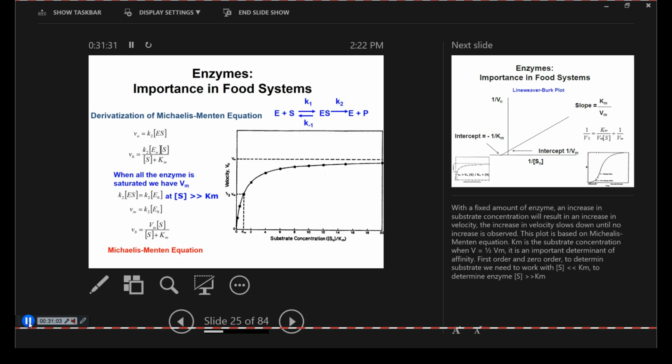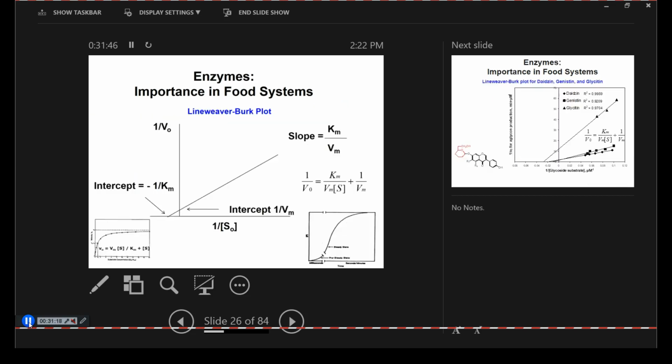But this doesn't look like y equal ax plus b. This is obviously not a linear curve. So my Weaver plot is. So another group of scientists said, okay, we like working with linear curves because linear curves are easy. We get this equation and we can solve for unknowns from this equation.